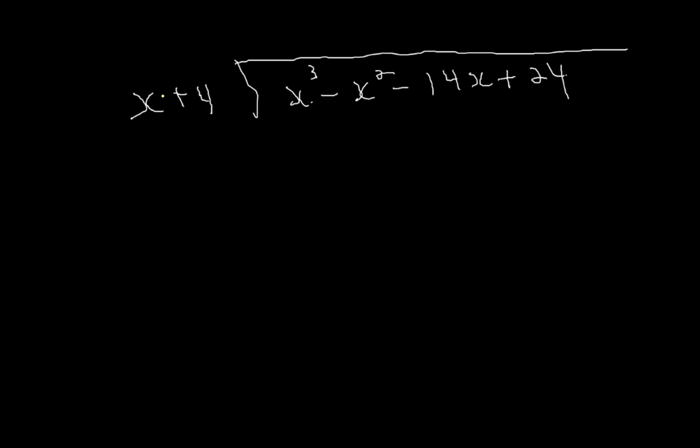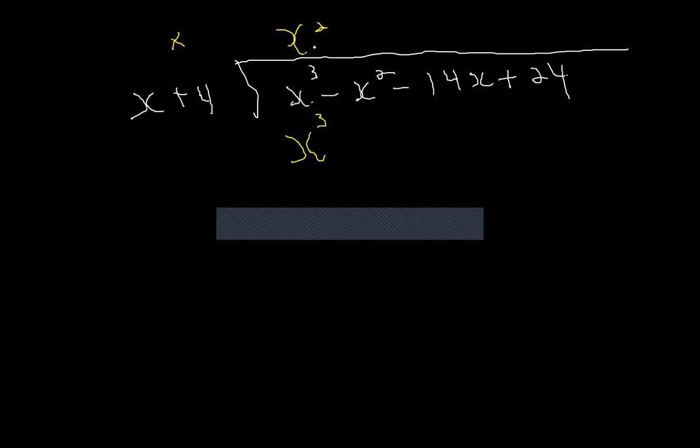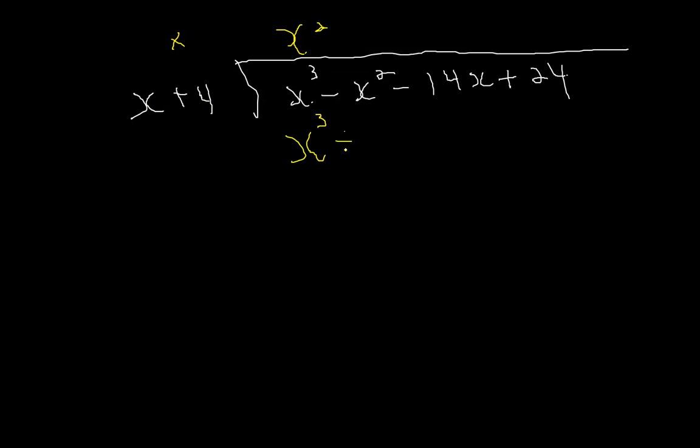So let's start. X into x cubed, that's going to give me x squared, and then x squared multiplied by x, that's going to give me x cubed. But you can't neglect this plus 4, right? So now you have to say x squared multiplied by 4, that's going to give me plus 4x squared.